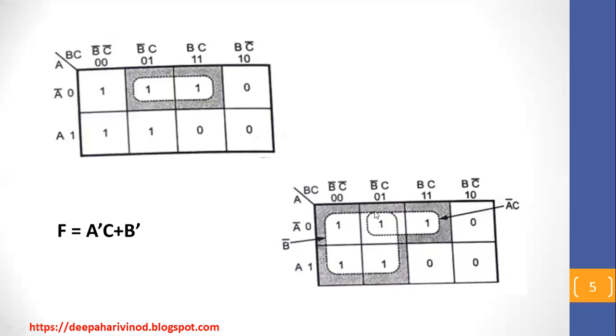So B bar will be the equation for this group. And the same way, check what is common in this row. That is A bar is common for both the ones. And in case of column wise, what is common? That is C is common. So what will be the final minimized form of the given Boolean function? F equal to A bar C plus B will be the minimized form.